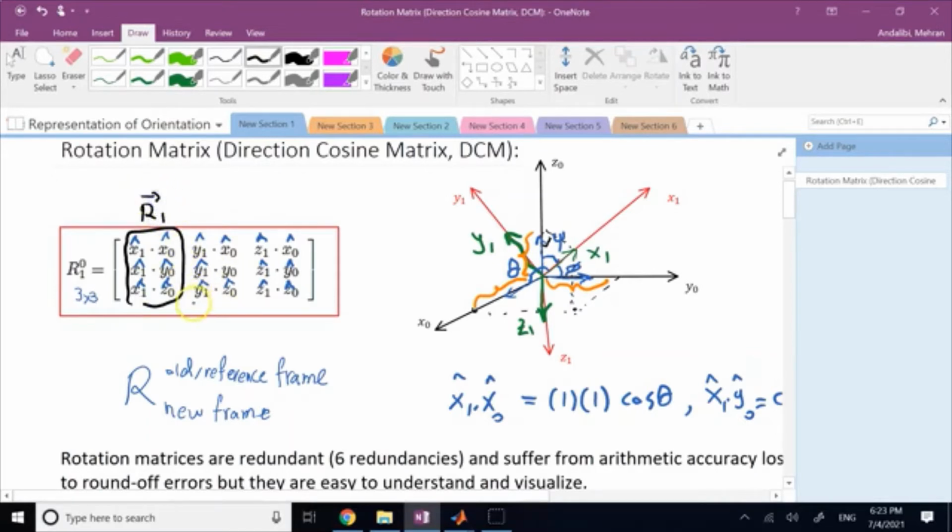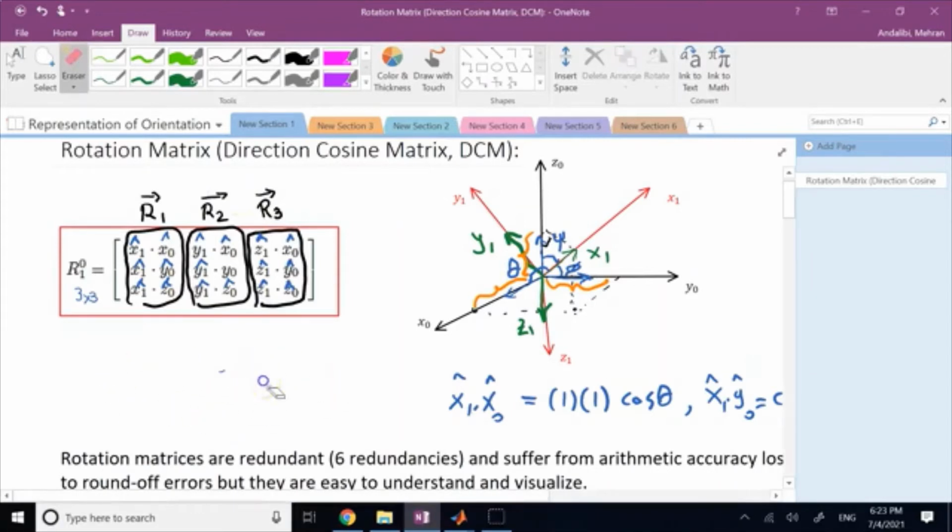This guy, I call it vector R2, and this guy I will call vector R3. So what relation exists between R1, R2, and R3, and also what about their magnitudes? So first things first, what is the magnitude of R1? What's the magnitude of this?